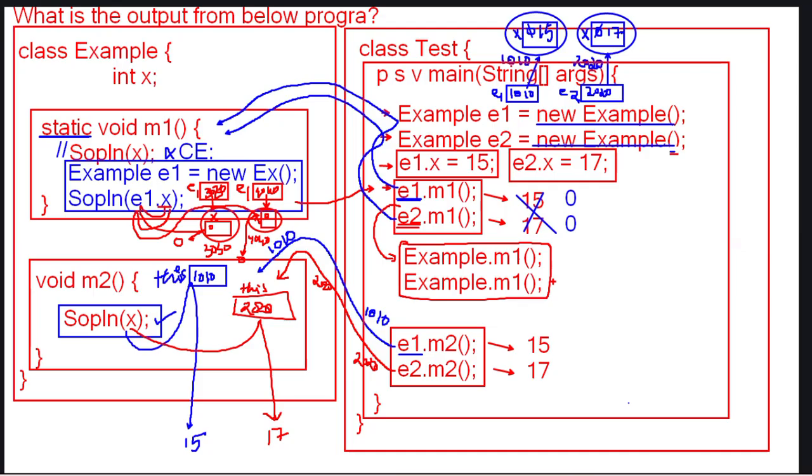Hence, we cannot access a non-static variable directly by its name. We must use an object explicitly.